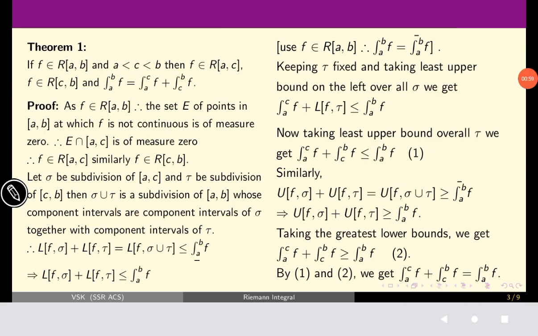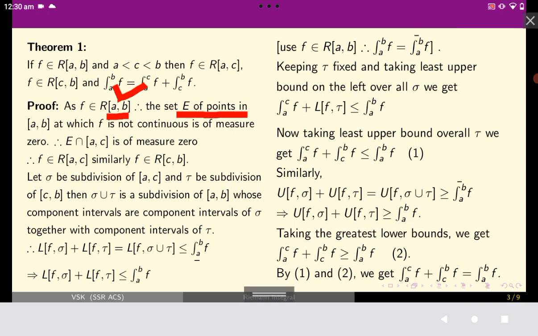So for that, let us see the proof. As f is Riemann integrable on [a, b], f is continuous almost everywhere on [a, b]. That we know. So the set E of points in [a, b] at which f is not continuous is of measure 0. This implies that if we take the intersection of E with [a, c], then this set will also be of measure 0.